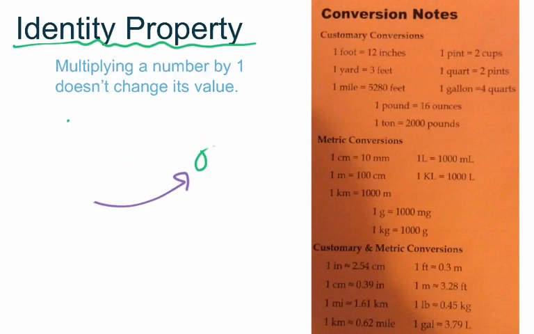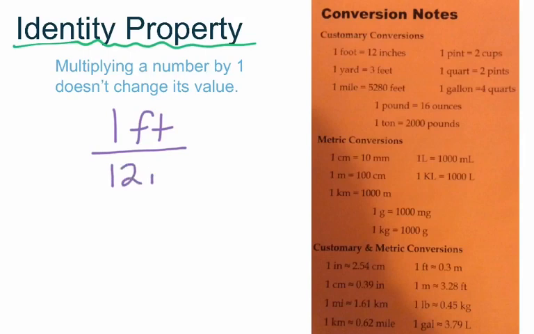But instead of a multiplication like 4/4, we're going to be multiplying by something like 1 foot over 12 inches. Now this doesn't look like it equals 1, but using our conversion notes over here, we know that 1 foot equals 12 inches.